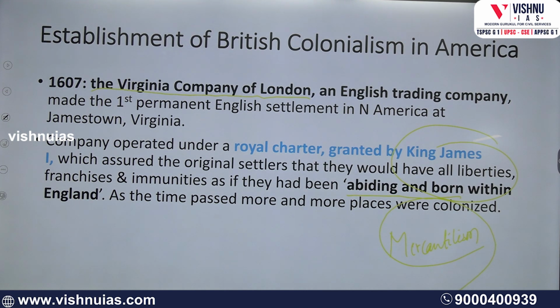So the original colonists, the people residing in America, could see very clearly that the Britishers were trying to extract as much profit as possible from America. That is nothing but the idea of mercantilism, to expand your profit more and more.